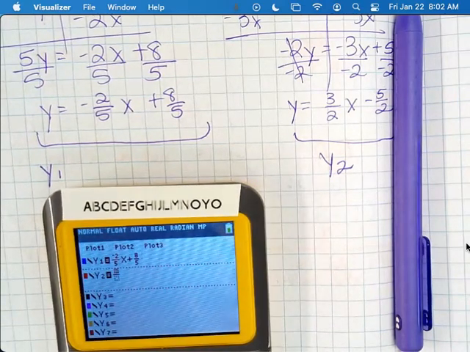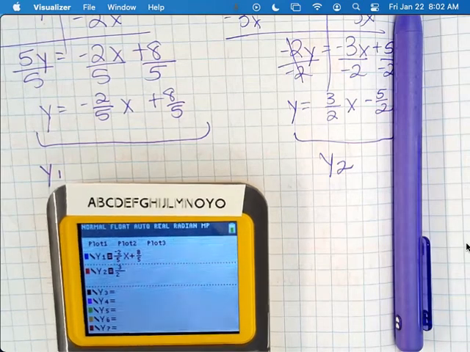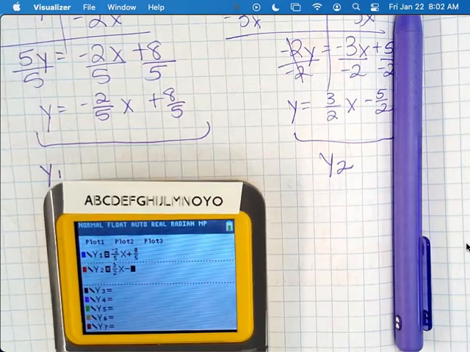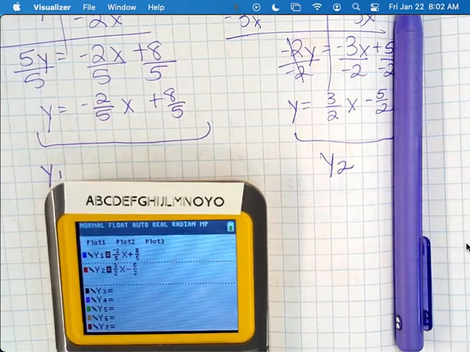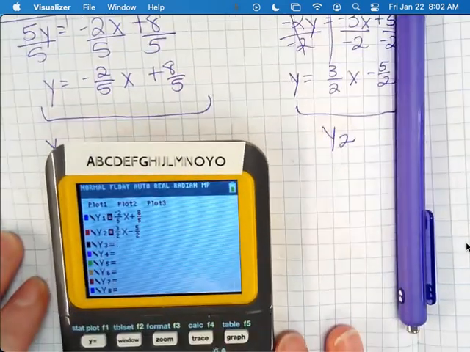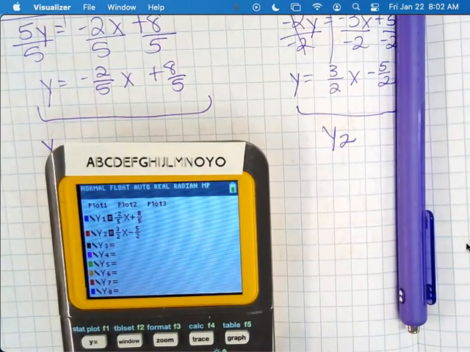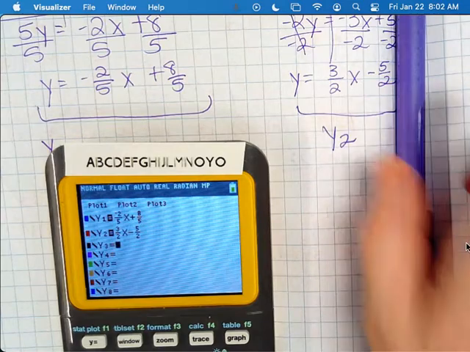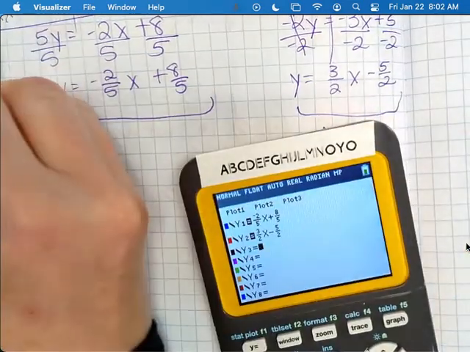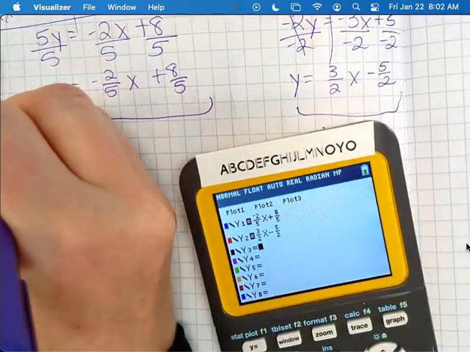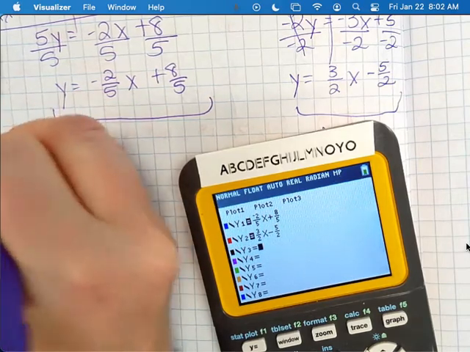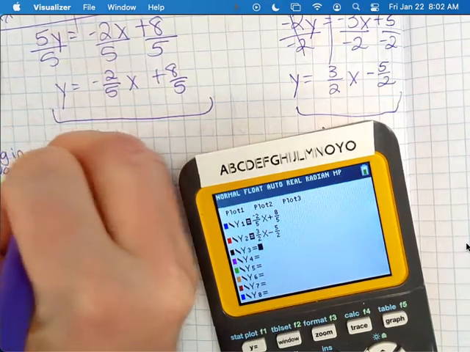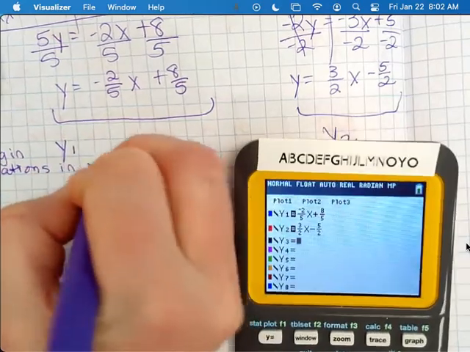And then y2. So you should have both of them in there. Okay, so step 1 was plug in equations in y equals.